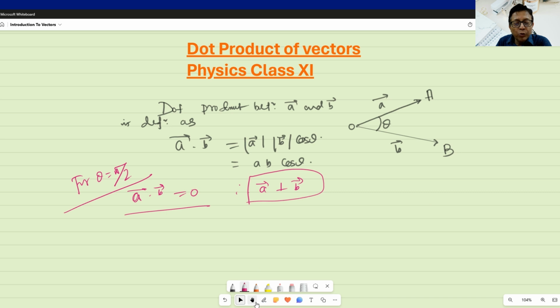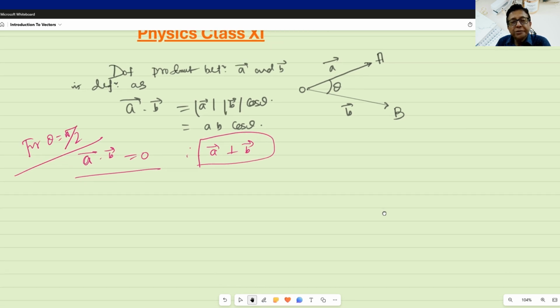So if we work with these unit vectors first, I, J and K. This is I, the unit vector along the x-axis, J, and this part is K. Then I dot I, how will I write?